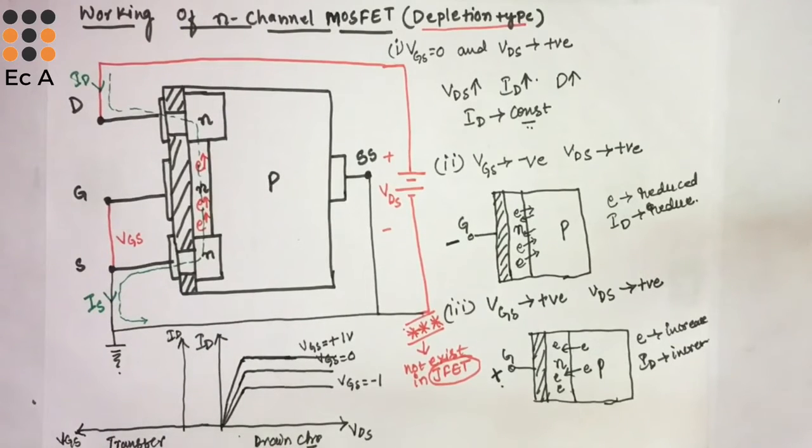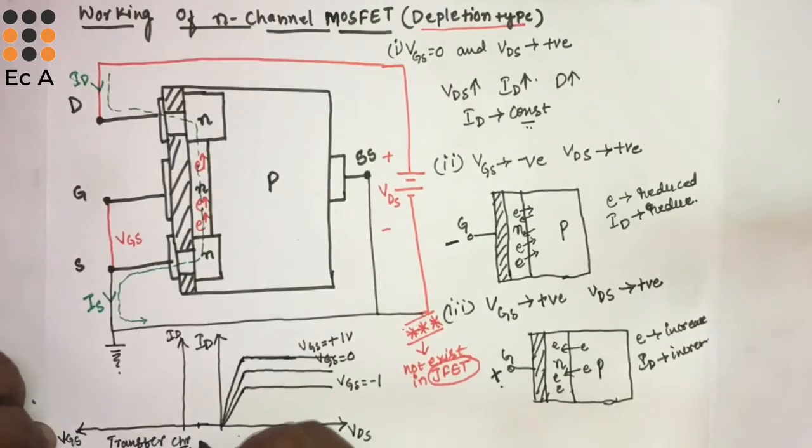It is the same as the transfer characteristics of the FET, and for negative voltages, we know, and for positive voltage 1 volt we have applied here VGS. Let us take this 1 volt, so -1 we have taken, 0 volt is there.